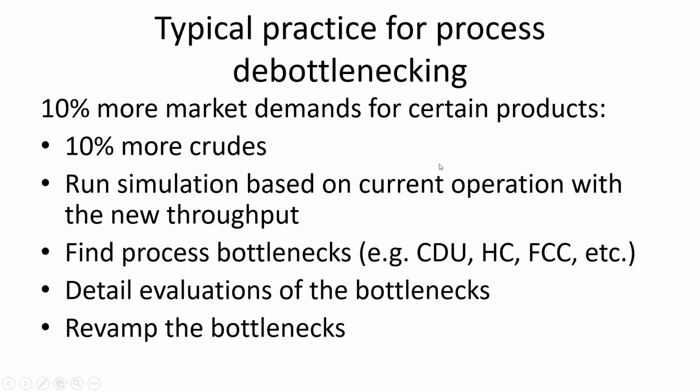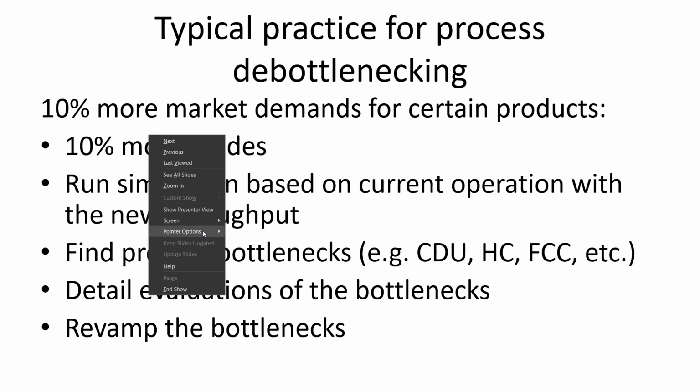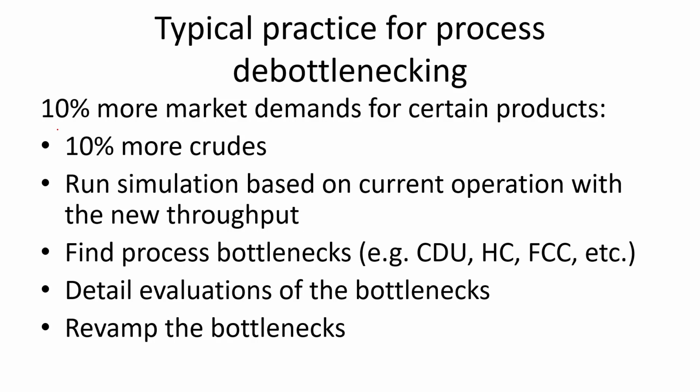Now suppose that there is like a 10% market demand on certain products, right? So that's a requirement from the sales and planning. And then they say, well, we have to make 10% more. What people typically do, I mean, I don't know what is typical or not, but one of the alternatives, well, if they need 10% more, then you put 10% more, right?